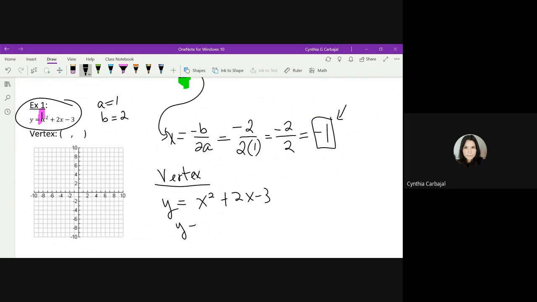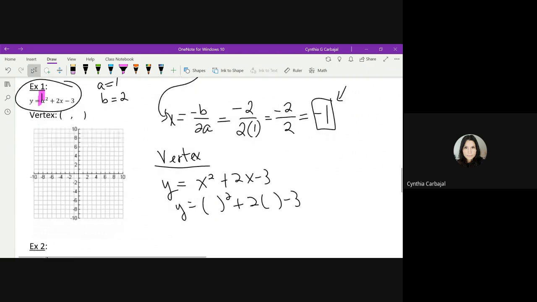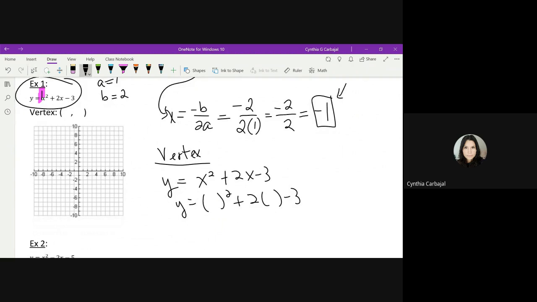So we're going to substitute in place of x. So I'm going to put parentheses wherever there's an x. And we're going to substitute that -1. So we're going to substitute -1, -1. And then we're going to do the math.